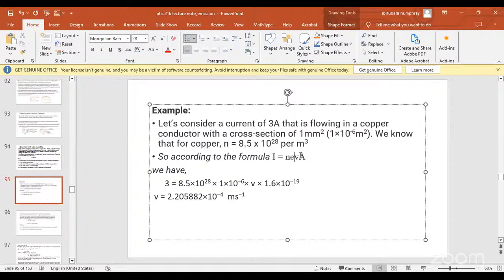The number of electrons is known, which is 8.5 times 10 raised to 28 per meter cube. And then electron charge, E, is a constant. We are asked to find V, the drift velocity. So by the time you substitute all those parameters and make V the subject of the formula, you get your answer as 2.2 meter per second.